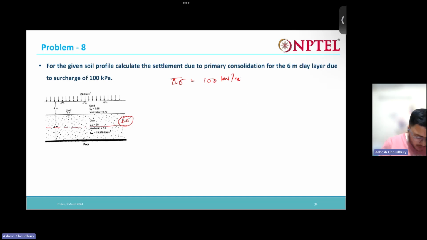Now first let us calculate all the unit weights. So first this dry for sand is G gamma W over 1 plus e. G is 2.66.